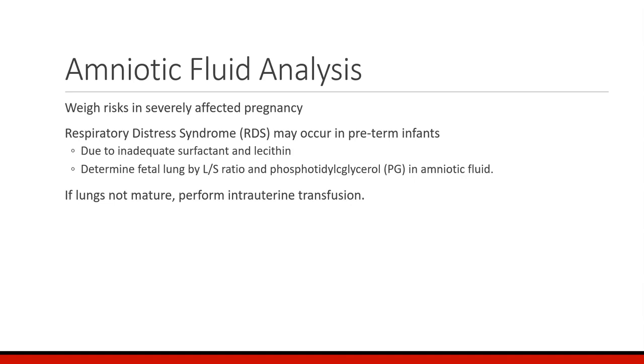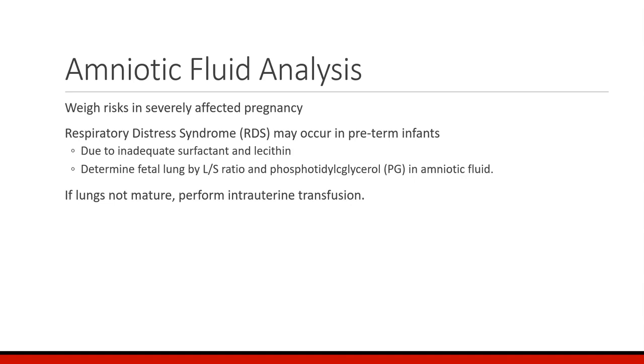So they have to weigh those risks. In the past they determined fetal lung maturity by the lecithin-sphingomyelin ratio and the amount of phosphatidylglycerol in the amniotic fluid. These tests will help assist the physician in choosing the best path for this particular situation.